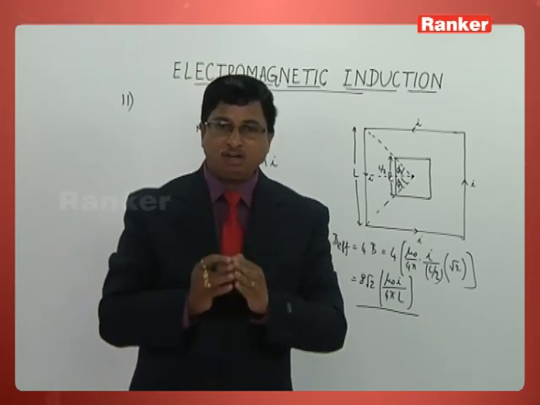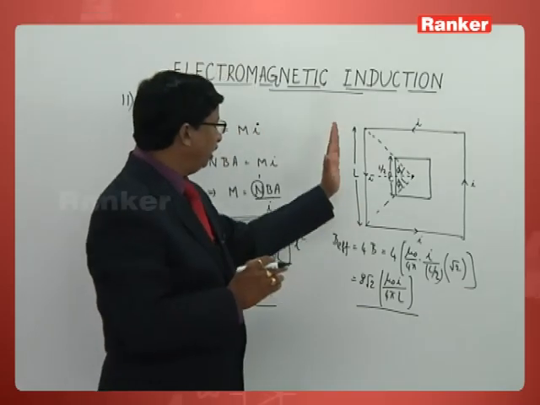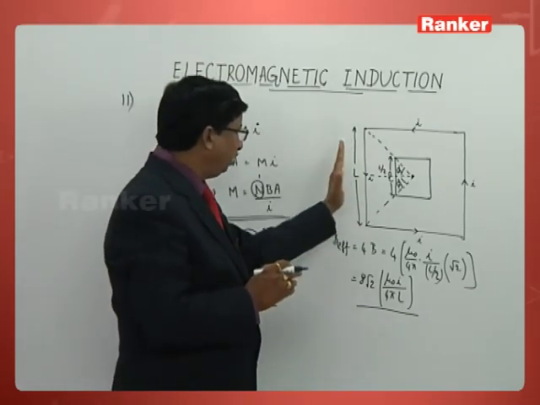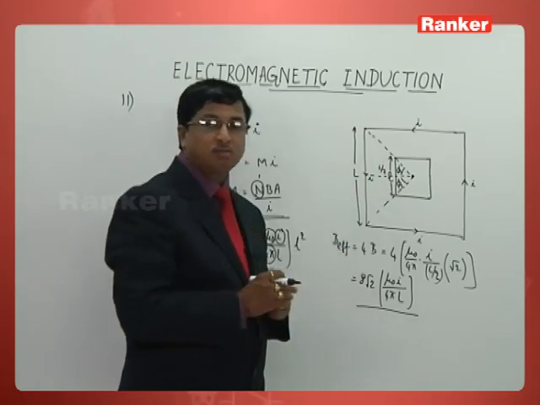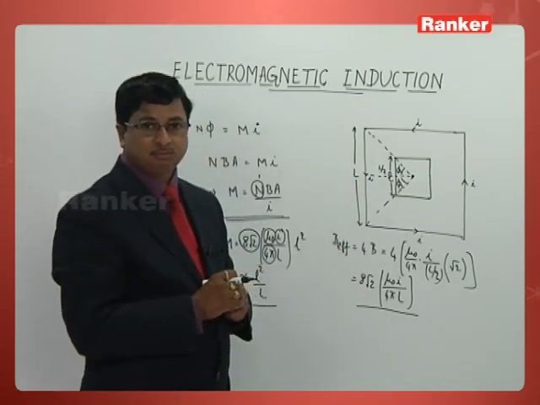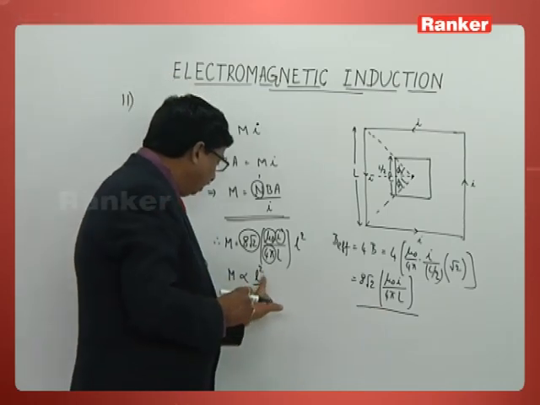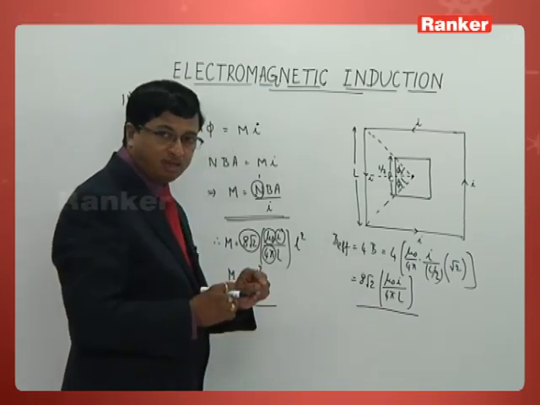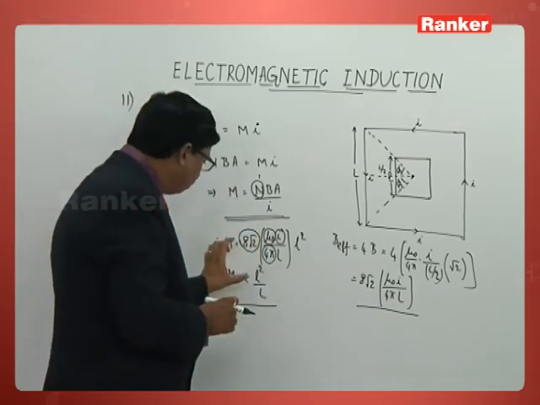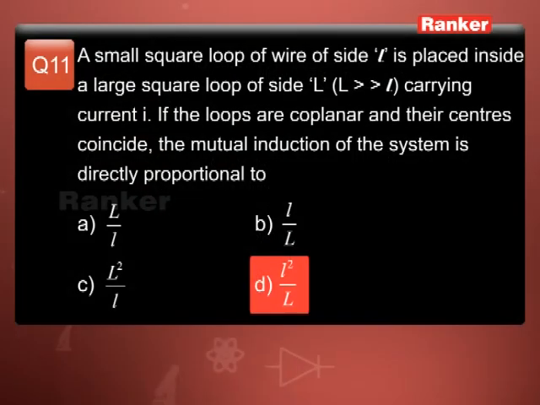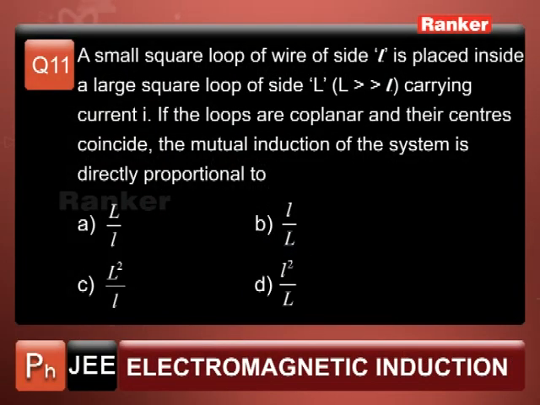Now you should understand this way. It is due to the current passing through the greater loop. The induction is taking place in the smaller one. Therefore, it should be taken l square by L. Small l square by capital L now must be your answer, which is in coincidence with the fourth option.